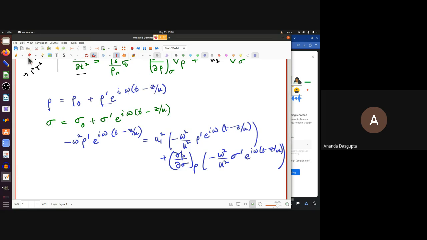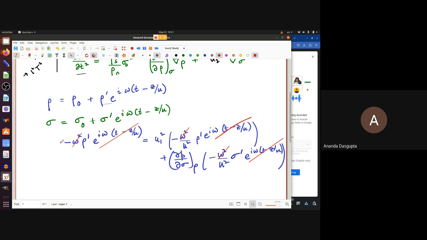Now, many of these factors are common factors which you can cancel out. For example, minus omega square is there in every term, so it drops out. This exponential is there in every term, so they cancel out. And what you can do is multiply the whole thing through by u square by u1 square, so that this u square also goes away.